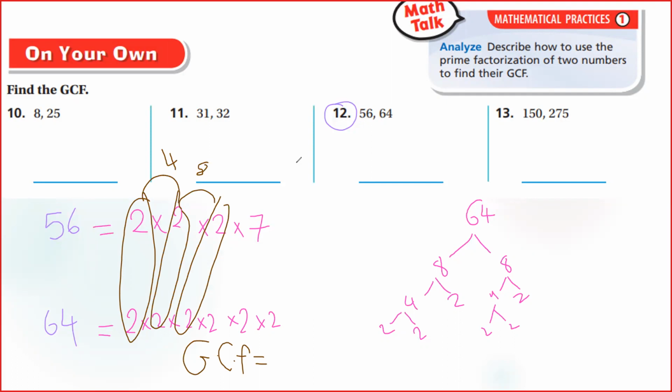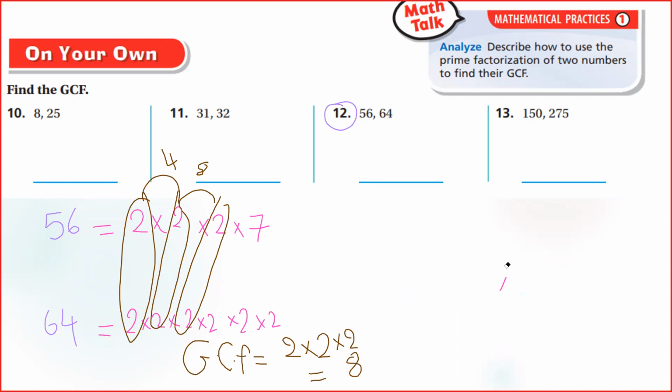From the common twos, we take one of each pair, then we multiply them together to get 8.